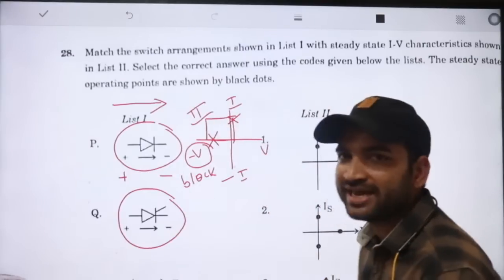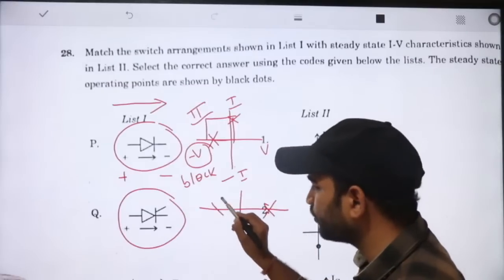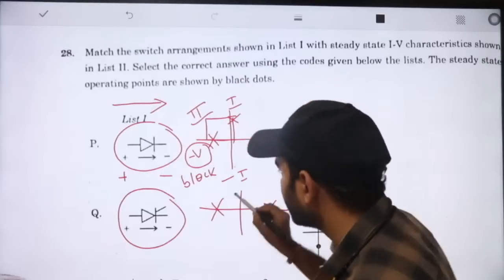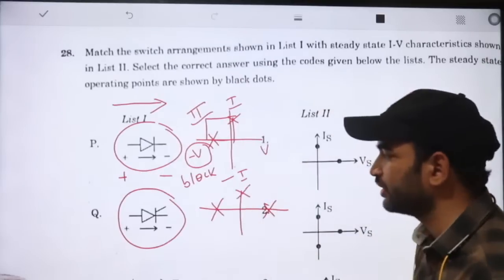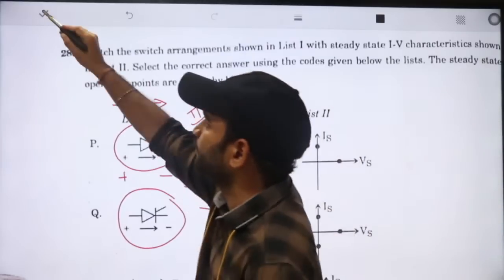When it comes to the thyristor, it will block both positive voltage and negative voltage. At the same time, it allows current only in one direction, the positive current. So the region of operation is the first and second quadrant.